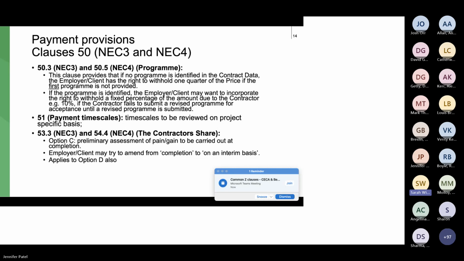In terms of clause 53.3, so that's NEC3, and 54.4 under NEC4, this only applies to options C and D of the contract.